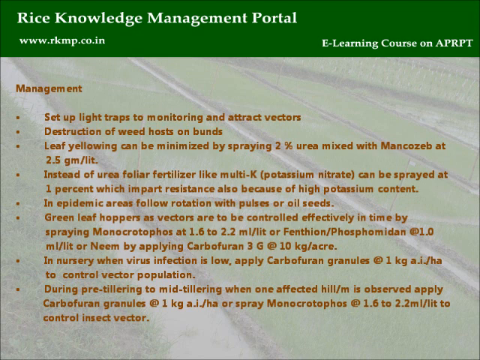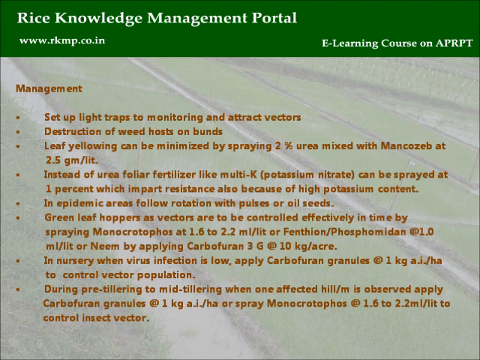Green leafhoppers, the vectors, are to be controlled effectively and in time by spraying monocrotophos at 1.6 to 2.2 ml per liter, or fenthion or phosphamidon at 1.0 ml per liter, or by applying carbofuran 3G at 10 kg per acre.